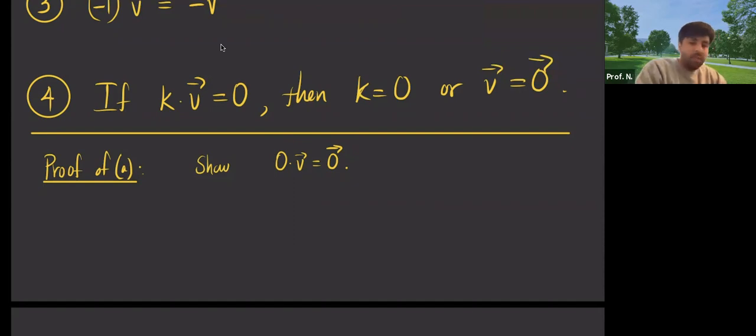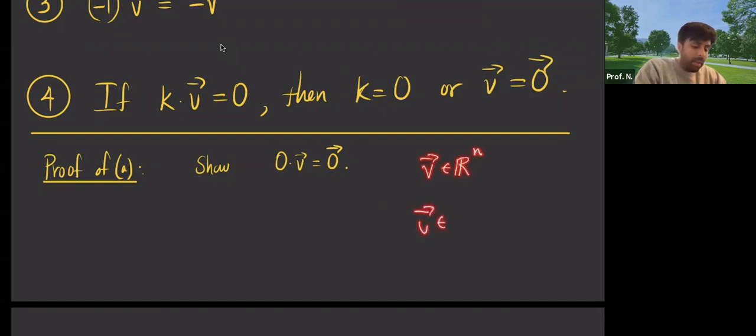Now, this would be simple if V was in Rn, because then you would just say V has n components. You're multiplying by 0 by the scalar multiplication operation, and therefore everything will result in zeros. So that's straightforward, right? But do you see why this is not straightforward? It's not straightforward because V is not necessarily in Rn.